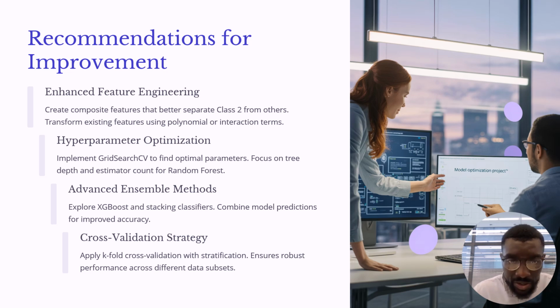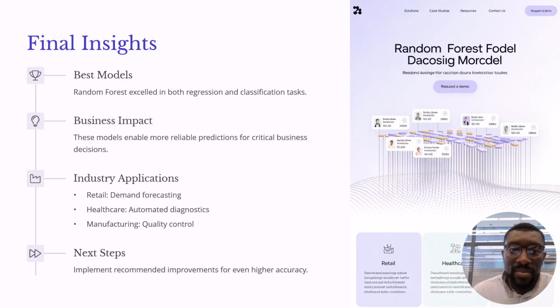And then we ended up with a cross-validation strategy, k-fold cross-validation with stratification, which ensures the robustness of the performance across different data subsets. And the final insight, as I mentioned, is that the random forest was the best model in this case because it excelled in both regression as well as classification tasks.